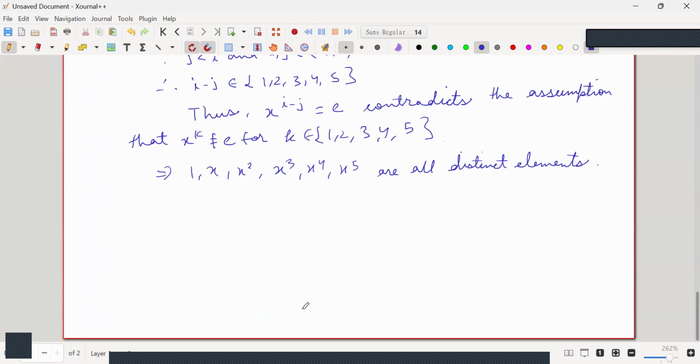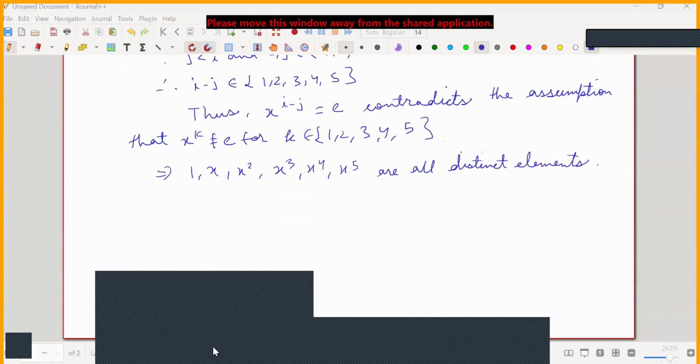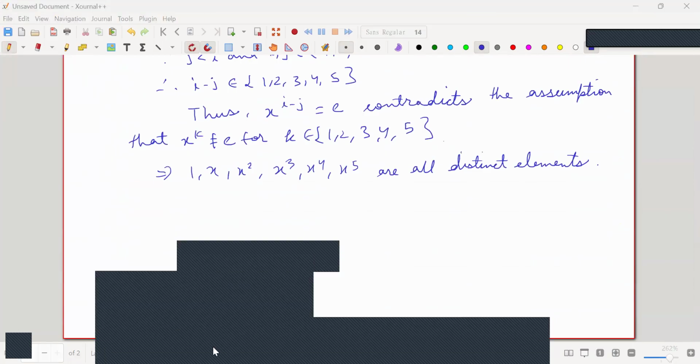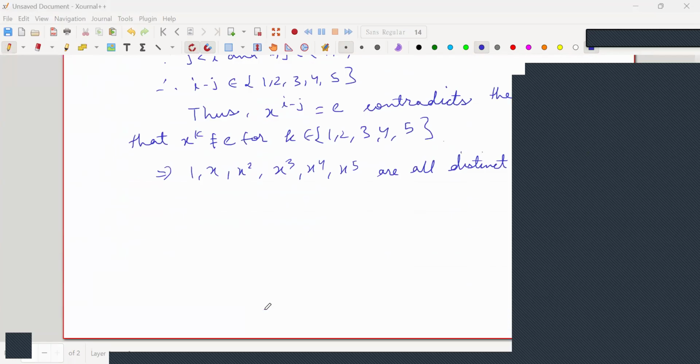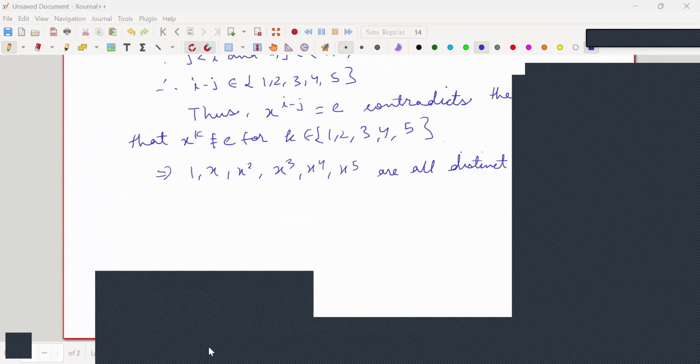Okay, so let me just paste the assignment.